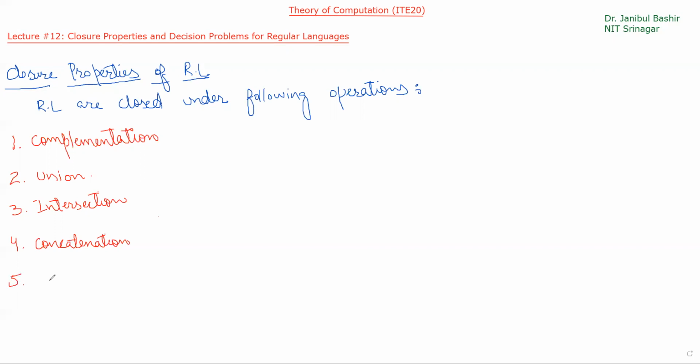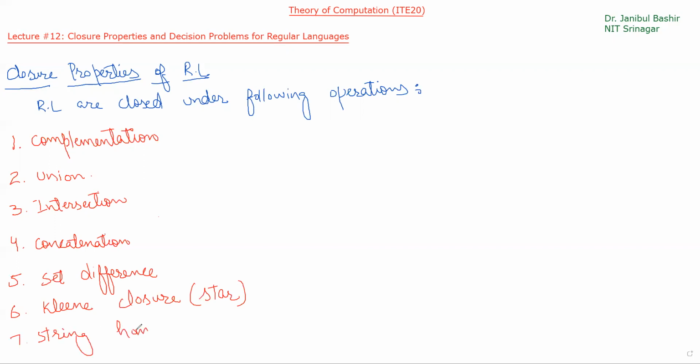Fifth is set difference. Sixth is Kleene closure, or it is also called a star operation. Seventh is string homomorphism. Okay, and there are many other operations.